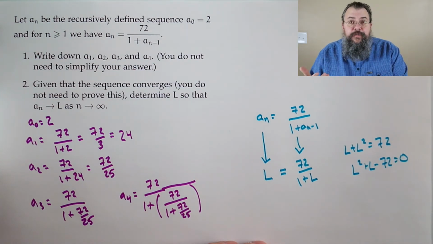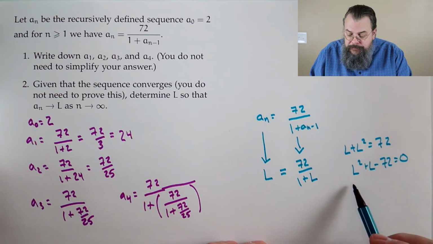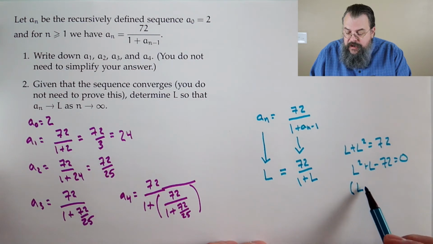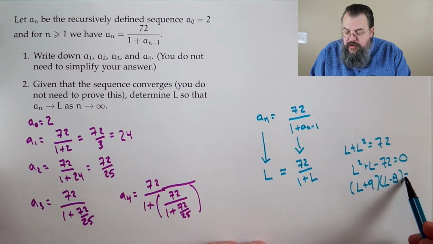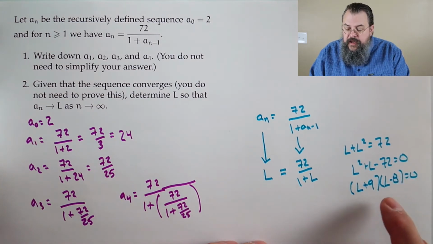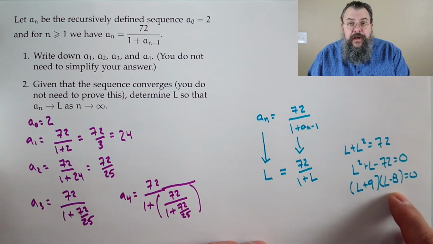Are there two numbers that multiply together to give us 72 and sum to give us 1? Turns out L plus 9 and L minus 8 should do it, because 9 times 8 is 72, and then 9L minus 8L is a single L.